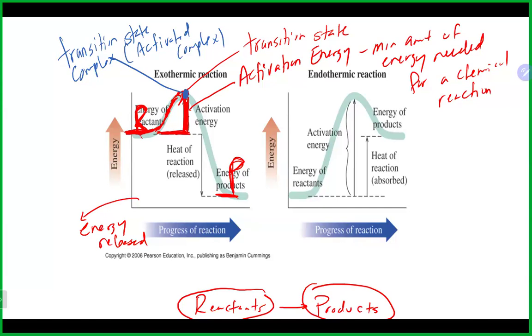As these guys are climbing up this hill, coming to the top of the hill, you have all those bonds that you need to break starting to break. So you've got partially broken bonds happening, and then you actually have partially made bonds as well. So they're starting to make some bonds and break bonds at the same time. You get to the peak of energy here where you have this transition state complex, which has partially made bonds and partially broken bonds.